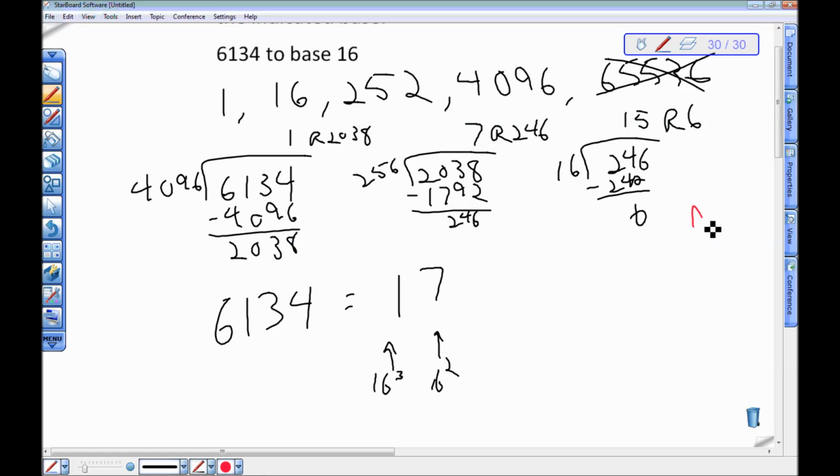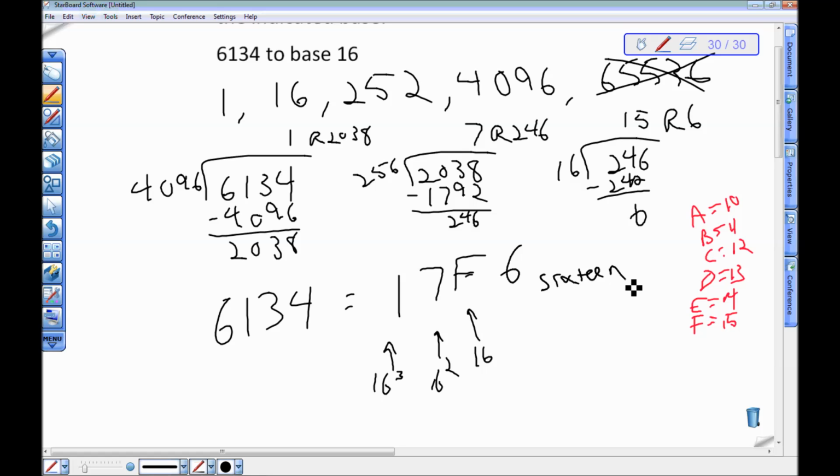I need to remind myself A is 10, B is 11, C is 12, D is 13, E is 14, so F is 15. So this should be an F in the 16's place, and then a 6 in the 1's place, base 16. So there is the number 6,134 written in base 16, or hexadecimal.